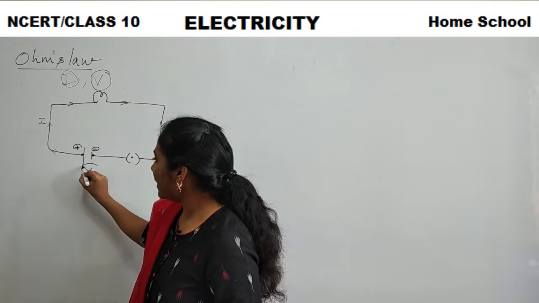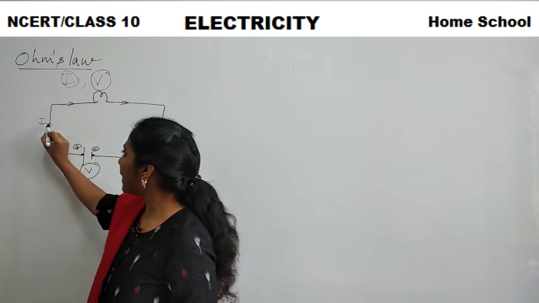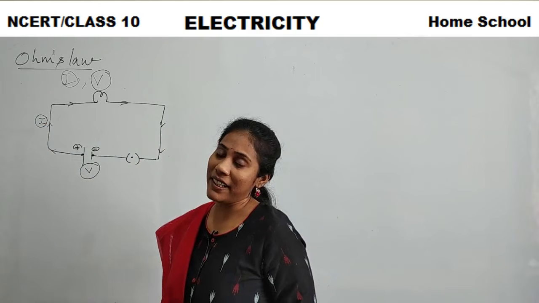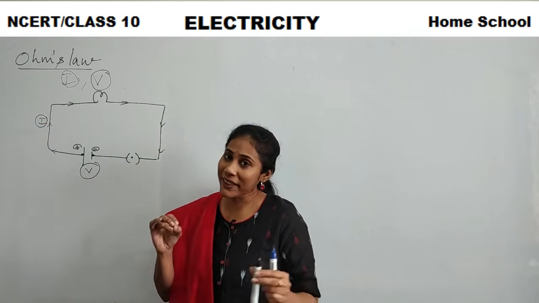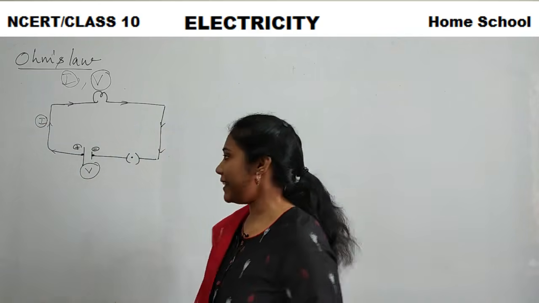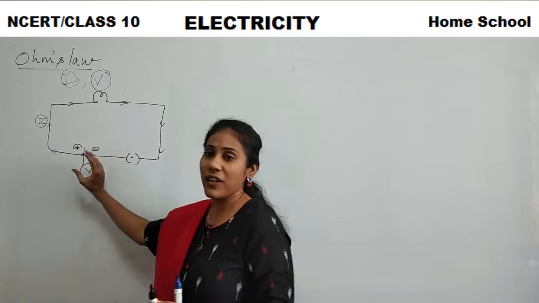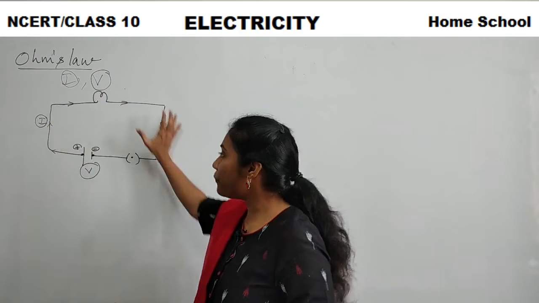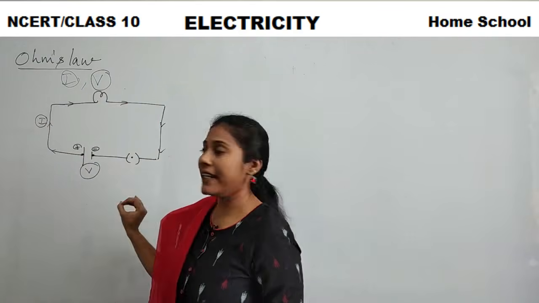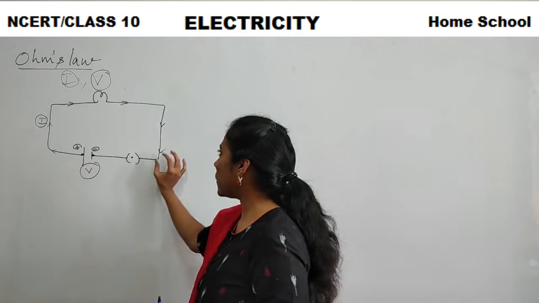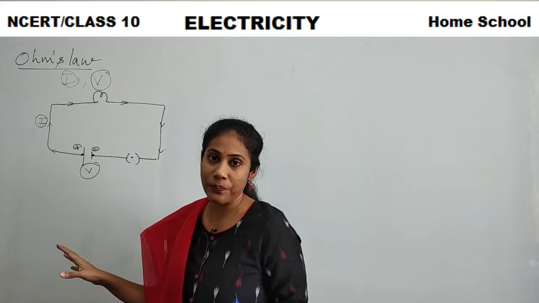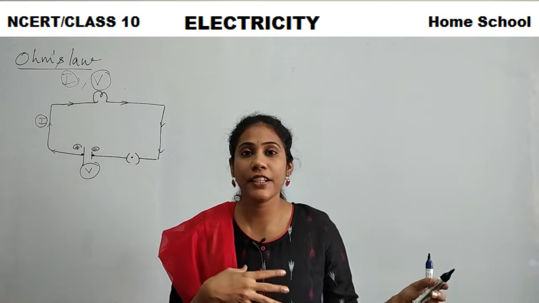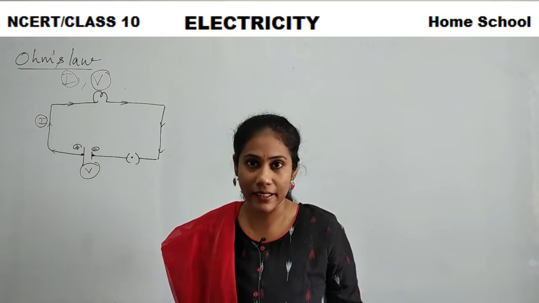So what may be the relationship between this voltage and this current I? Logically speaking, with our common sense, we can say that the more the push for the electrons, the more nicely the electrons flow in a circuit, in a faster way. If the electrons are moving very fast in a circuit, we say more current, right?